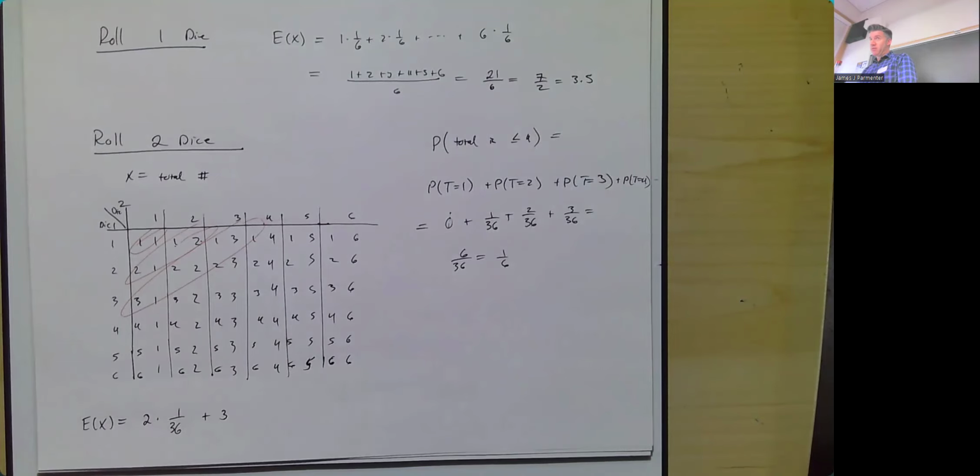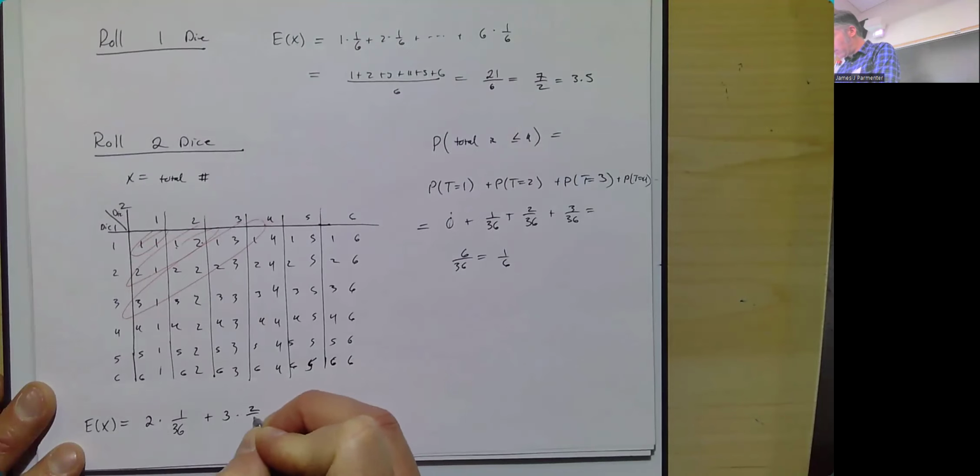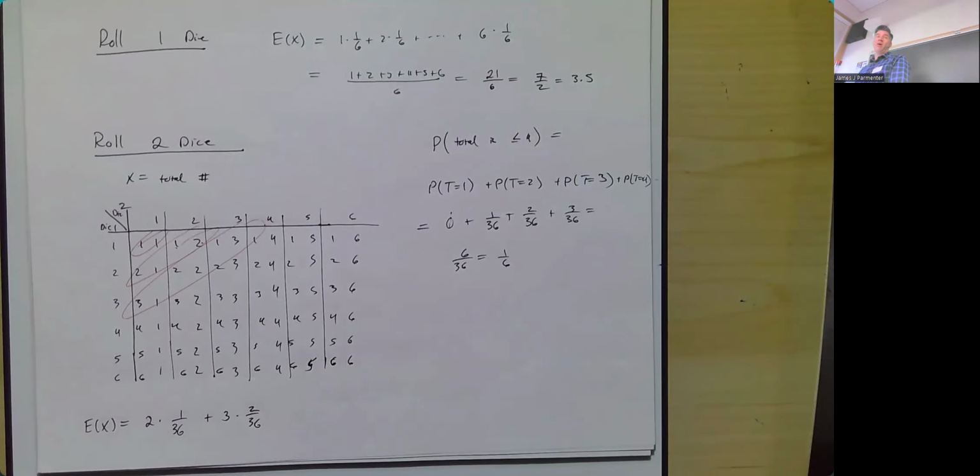Rolling 2 dice, get a 1 and a 2, or a 2 and a 1. If you're having trouble distinguishing those in your head, pretend the dice are different colors, a red die and a blue die. You have a red 2 and a blue 1, or a red 1 and a blue 2. Those are different outcomes with the same total result. So there's a 2 out of 36 probability of getting that.